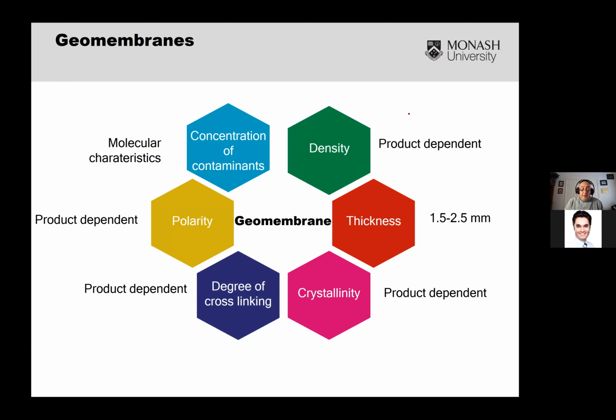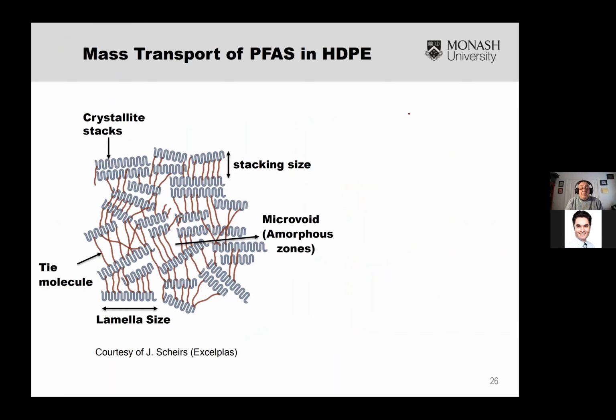Now, if you look at our HDPE, it has a molecular structure as well as a polymer structure. Polyethylene is known to be a semi-crystalline type of polymer, and it has both crystalline and amorphous regions.